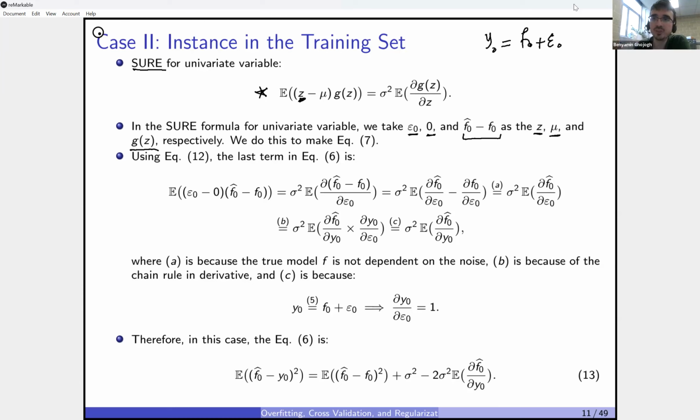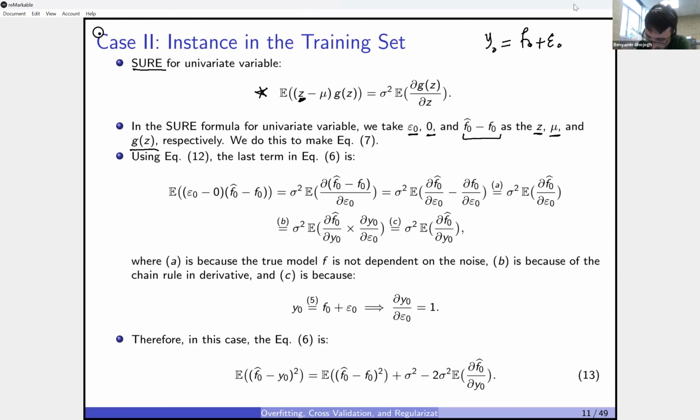Therefore, I can assume G(Z), which is a function on Z, to be f0 hat minus f0. But you might be wondering why we are taking Z to be this and mu to be 0. Mu is the mean of epsilon, which is 0. But why do we take Z to be epsilon and G(Z) to be f0 hat minus f0?